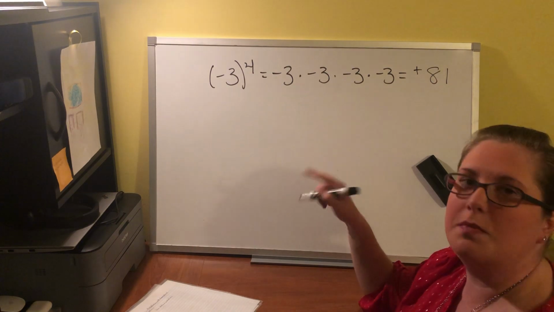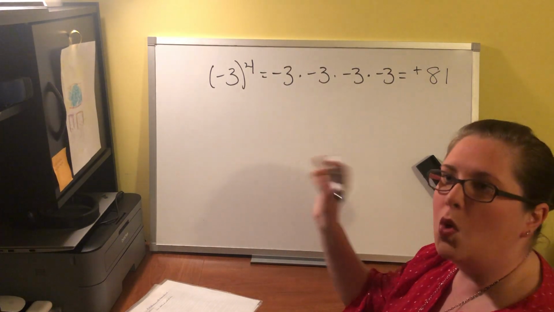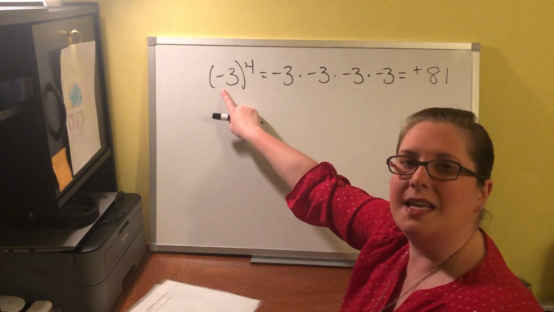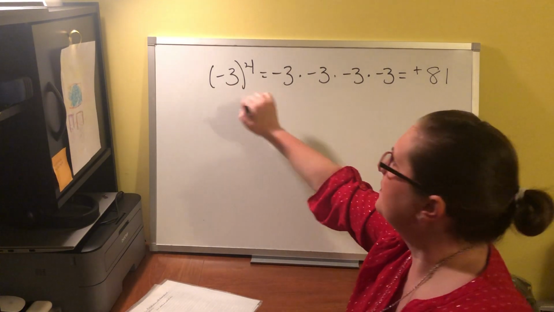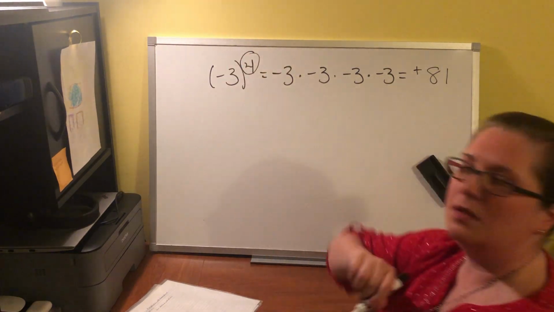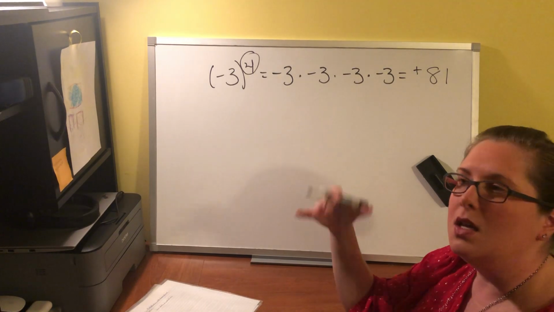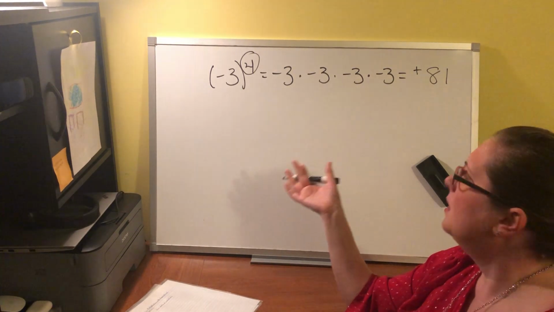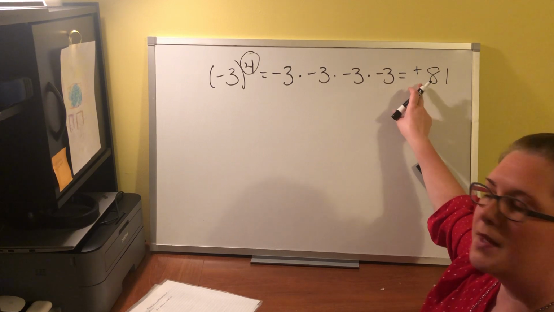Also, you may remember from when we did this before, this only works when the negative is in the set of parentheses. So if it's in the set of parentheses and your exponent is an even number, so 2, 4, 6, 8, even number, your answer will be positive, okay?